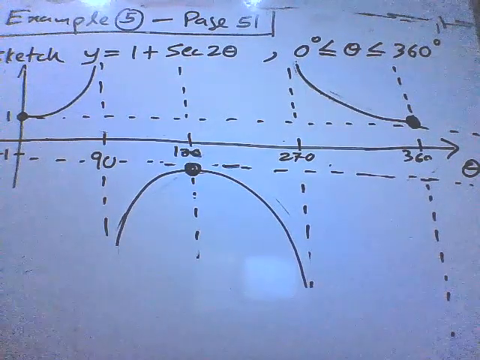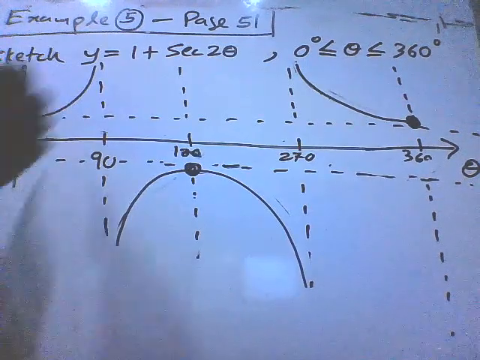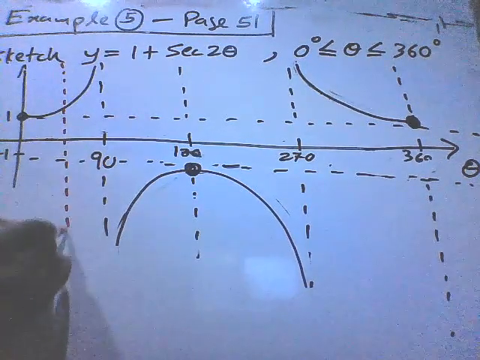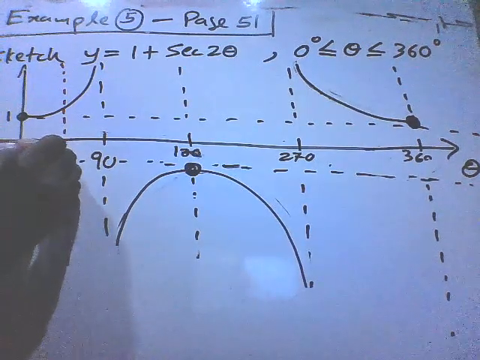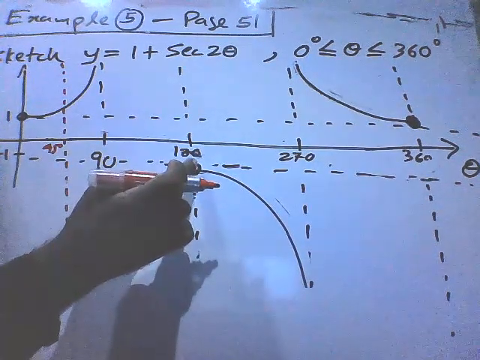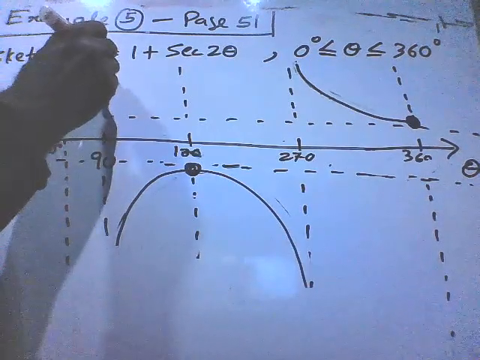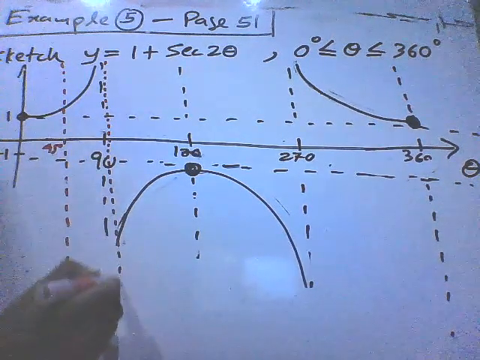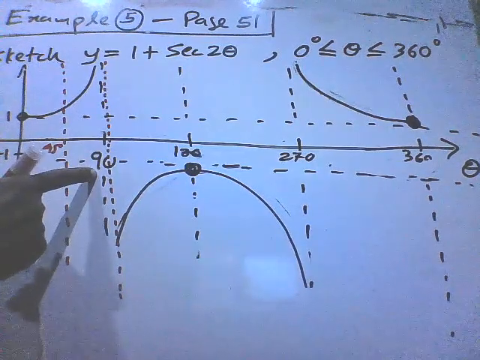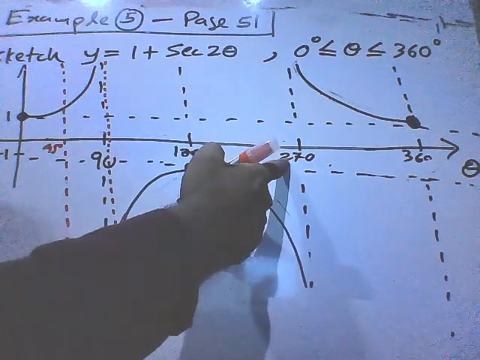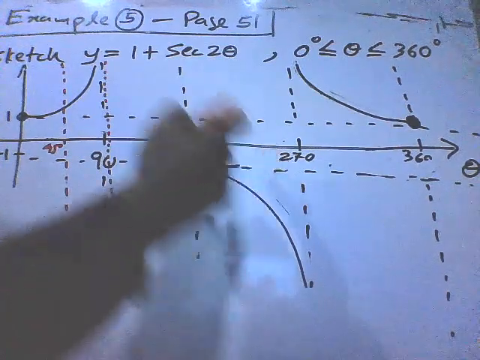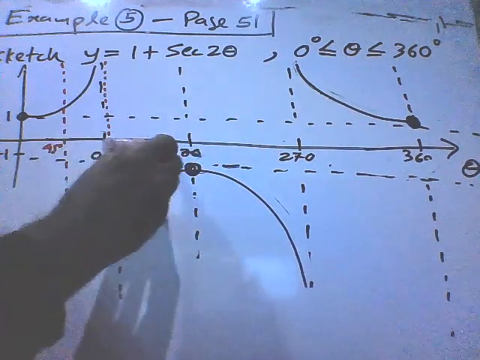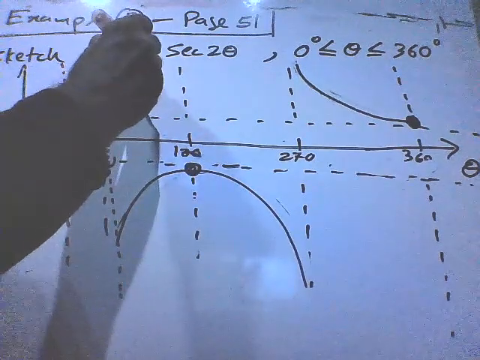So what we should consider is this line comes here, that means 45. The 180 line comes here, 180 divided by 2 is 90, and 270 divided by 2 is 135.